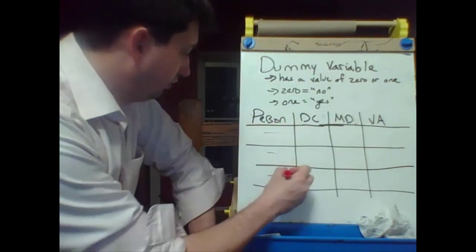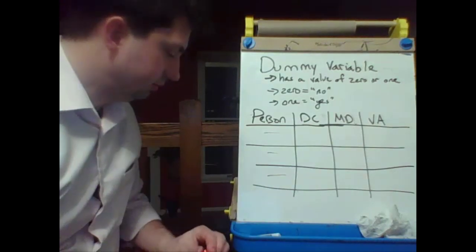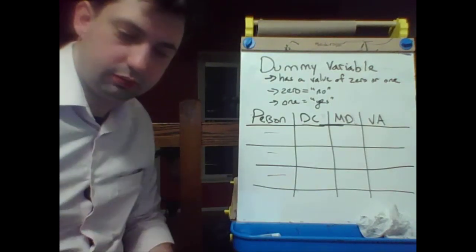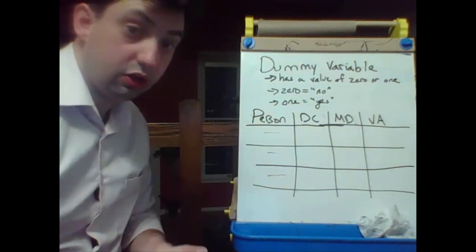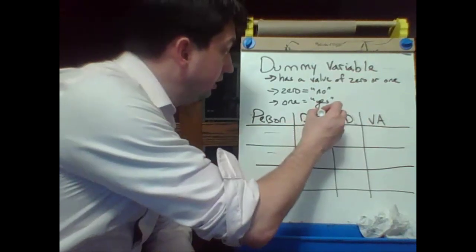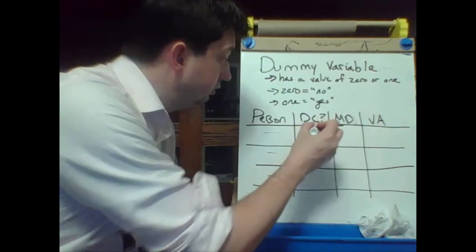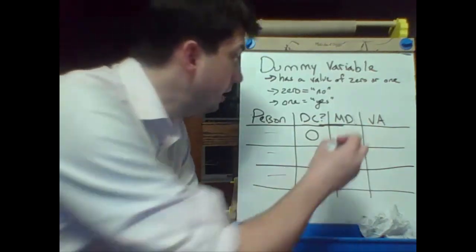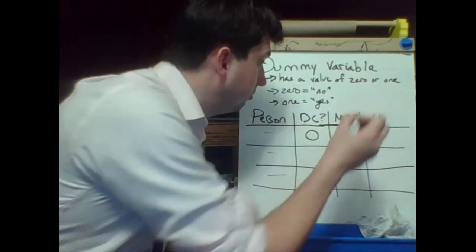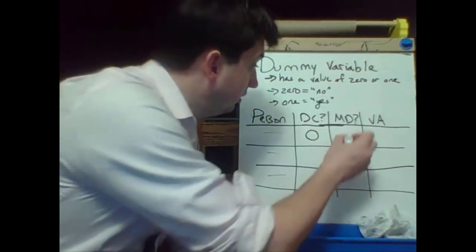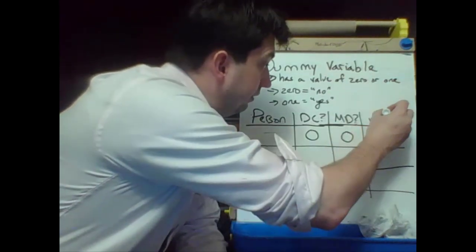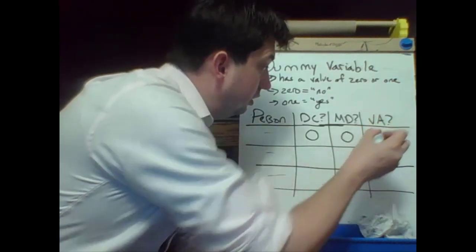There's a person here, there's a person here, there's a person here. Then we could ask the question, does this person live in DC? Maybe they don't. 0. Do they live in Maryland? Maybe they do not. 0. Do they live in Virginia? And they do.